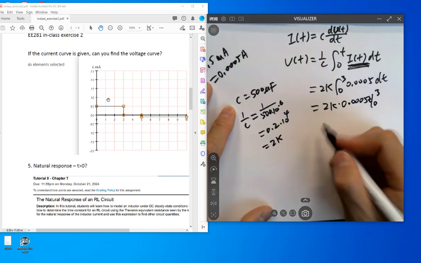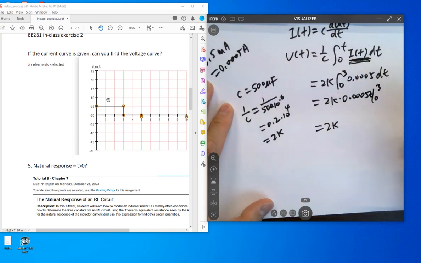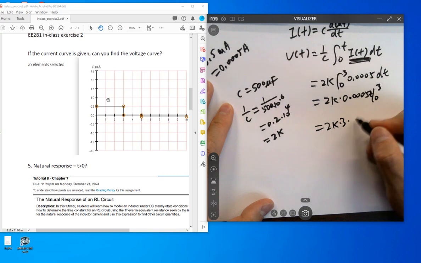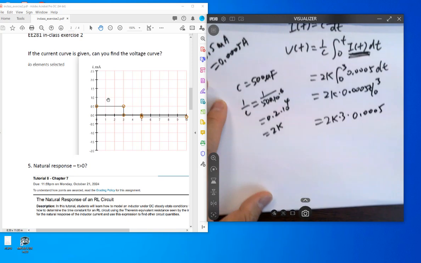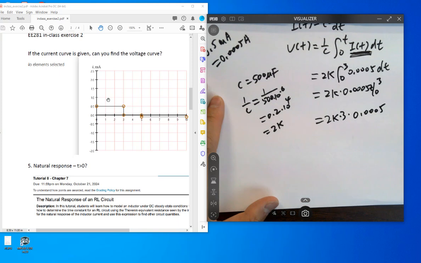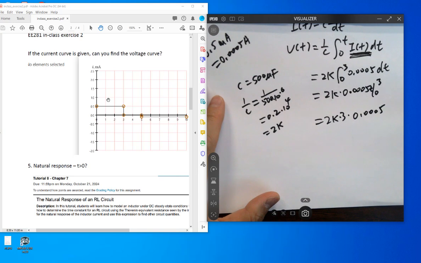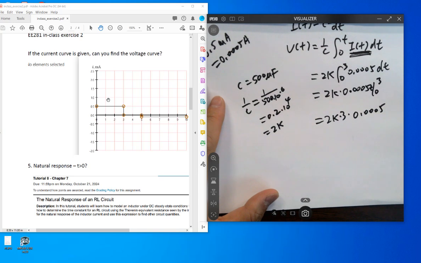Right? 2K, 3. So this is what? This is the voltage after, right?